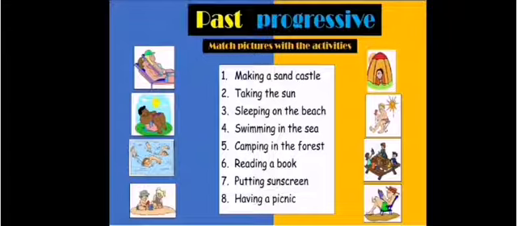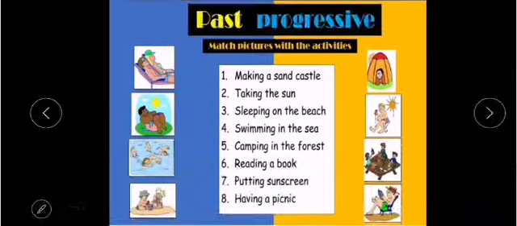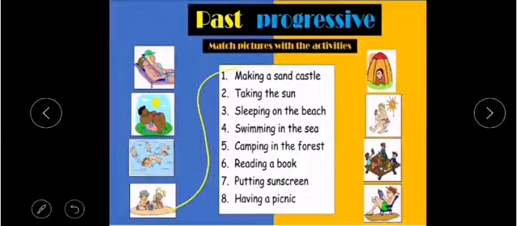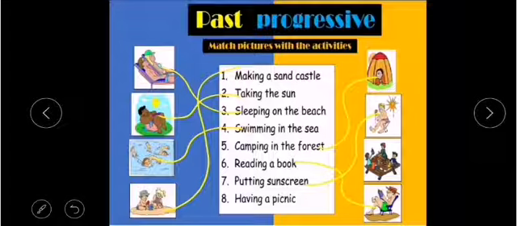Now we will take activities, and based on them and on the form, we will learn how to make the form. We want to make examples. First, do matching so we know the activities without conversion. These, if we talk about them, are present continuous as they are. But shortly we will come back and convert them to past continuous. As activities we have: making a sand castle, taking the sun, sleeping on the beach, swimming in the sea, camping in the forest, reading a book, putting on sunscreen and having a picnic.